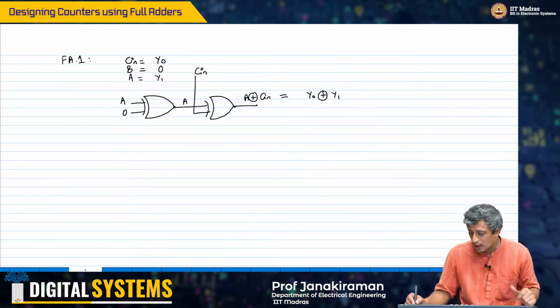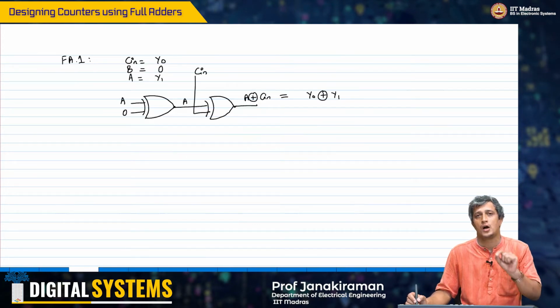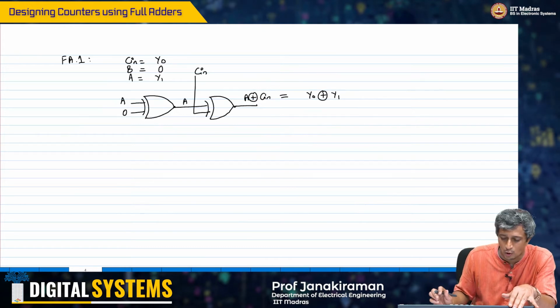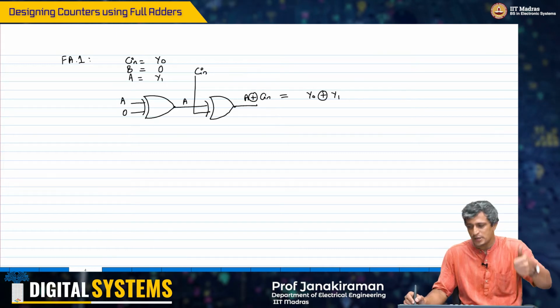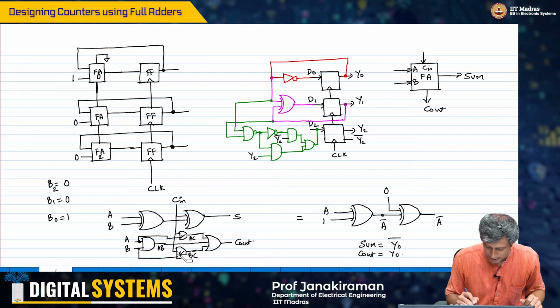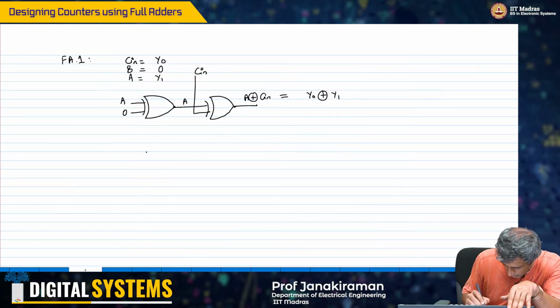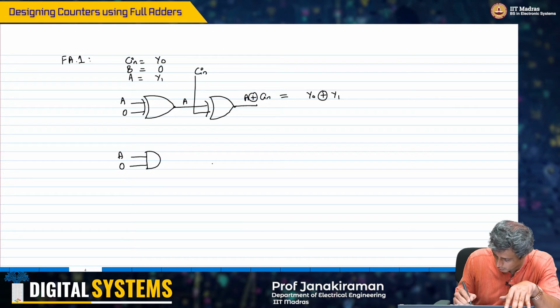So now the third one becomes very interesting. What happens to the C out of the full adder 1 in this case? If you take the C out, B input is 0. That means you have an AB. So if you look at this implementation here, let me just draw that again. I have an AB, I'm going to tie this to 0.